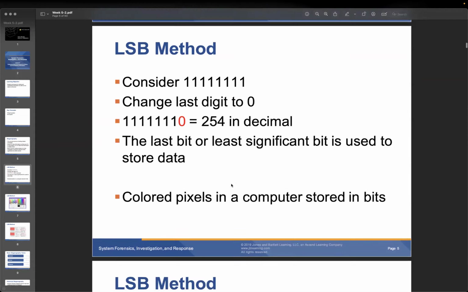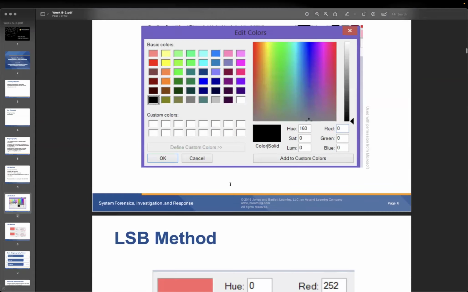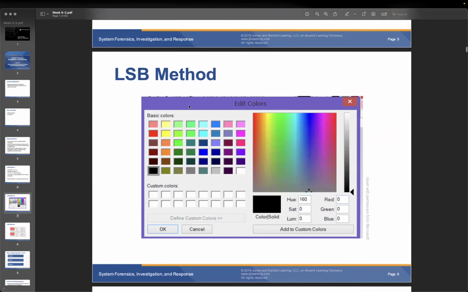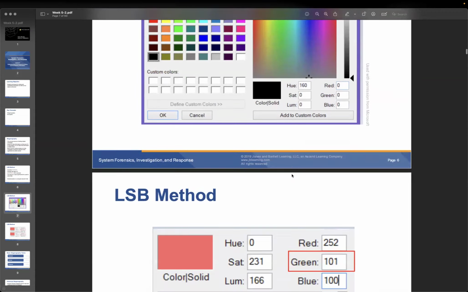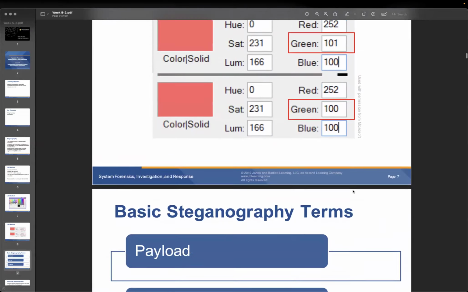Color pixels in the computer are stored as bits. So here's the idea: when we pick different bits and change them a little, let's say in RGB, the color numbers change.